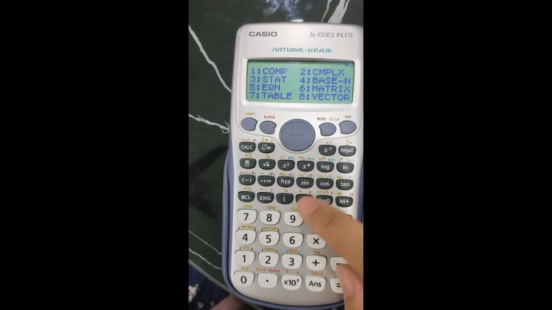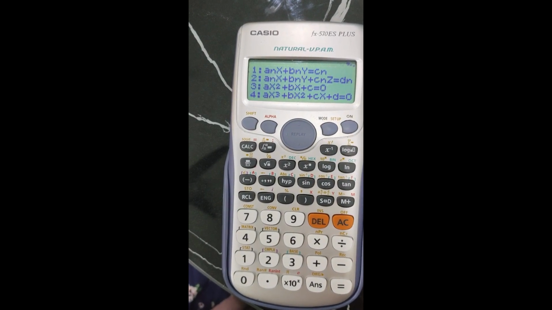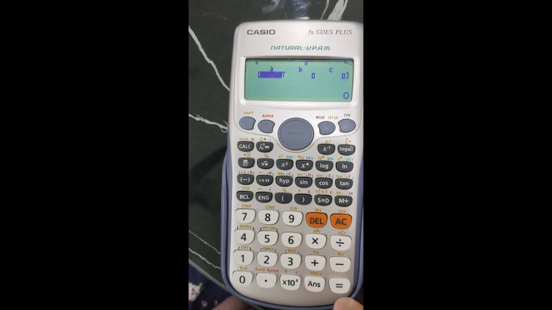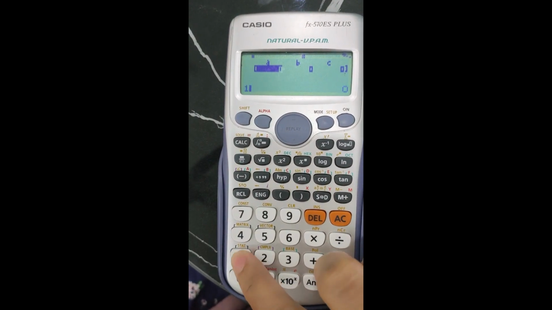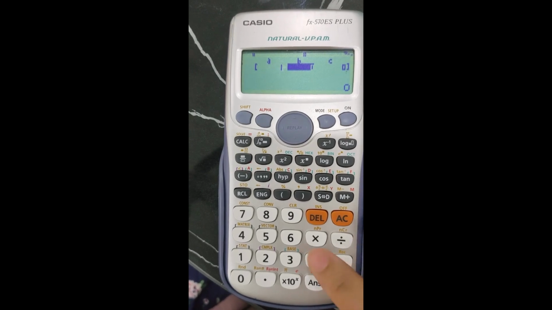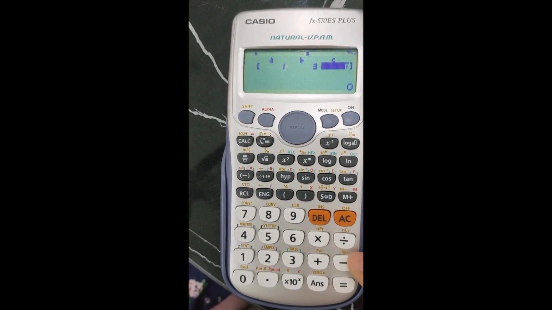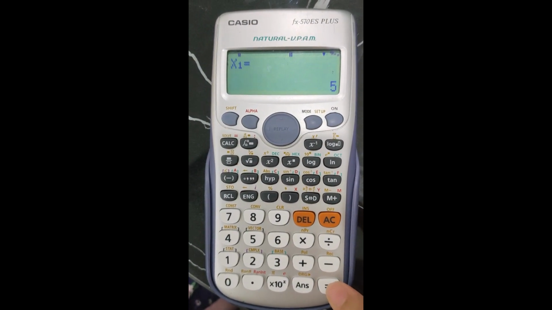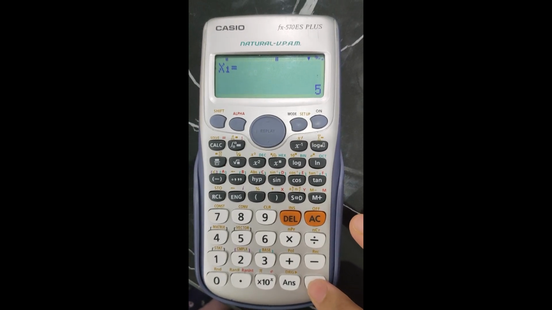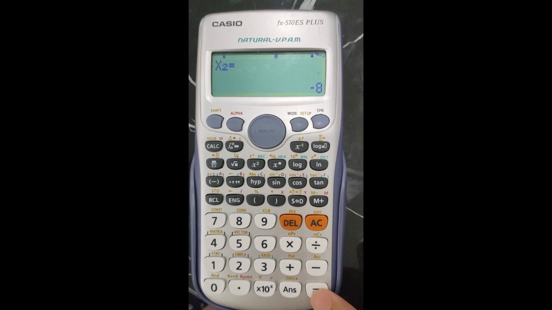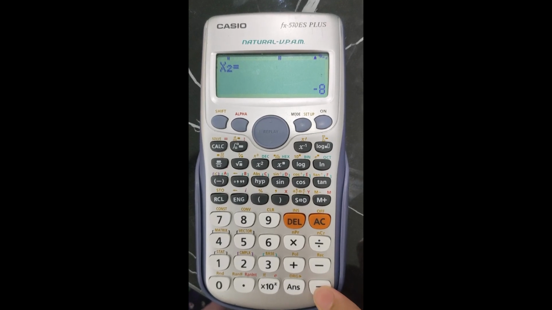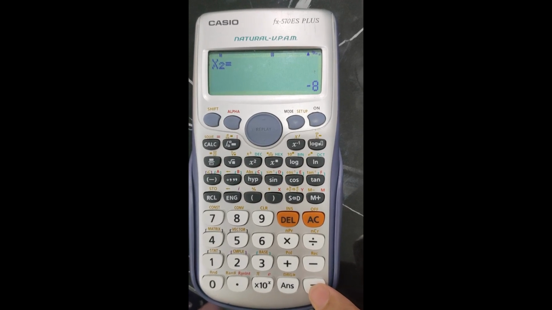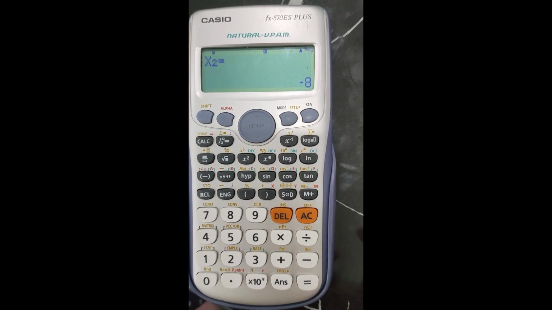You should find EQN and then choose the quadratic equation, which is 3, and then substitute the coefficients just now, 1 equal 3 equal minus 4 equal. Alright, so the answer is x1 equals 5, x2 equals minus 8, meaning x1 and x2 are the roots. 5 and minus 8 is case number 1, which is distinct real roots.